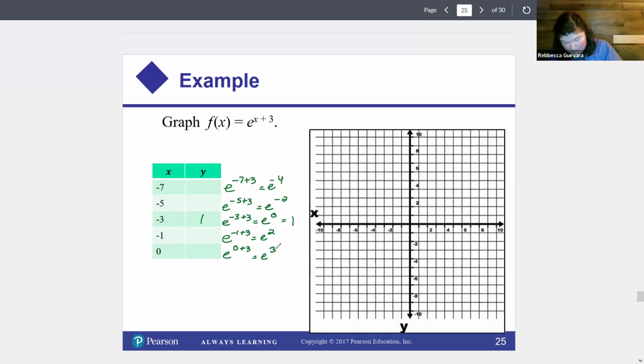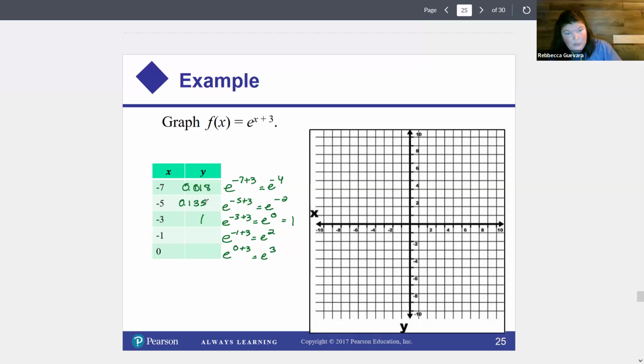All right, so e to the power of negative 4 is approximately 0.018. It's about as far as I'm going to get. e to the negative 2 is approximately 0.135.